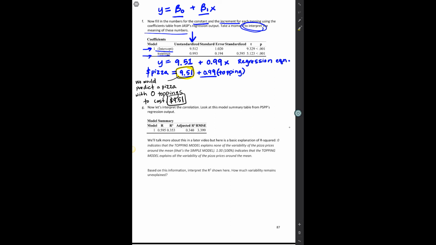Then this 0.99 times 1 would equal 0.99. So how does the price of my pizza change by adding 1 topping or by increasing my x by 1? That's saying that we would increase the price of the pizza by that 0.99, by the b sub 1, by our slope. So this is telling me that for each topping added, add 99 cents to the price.